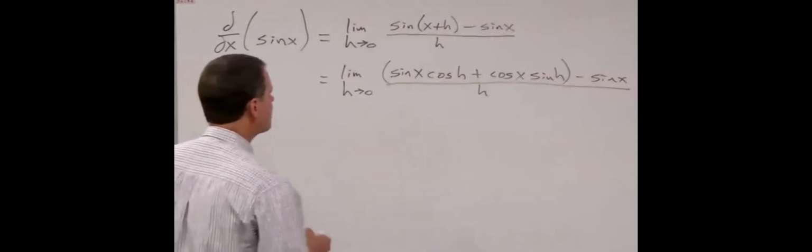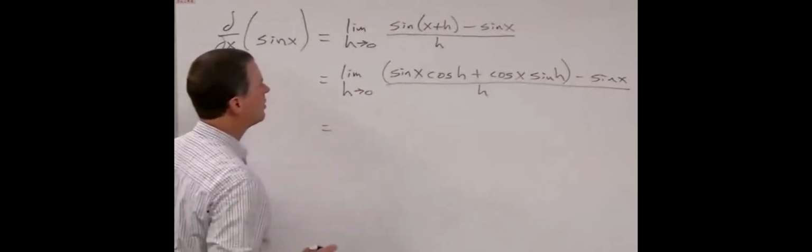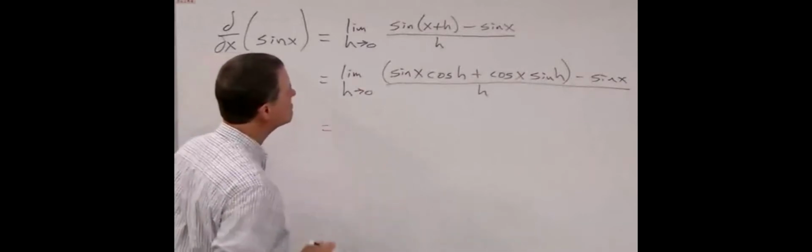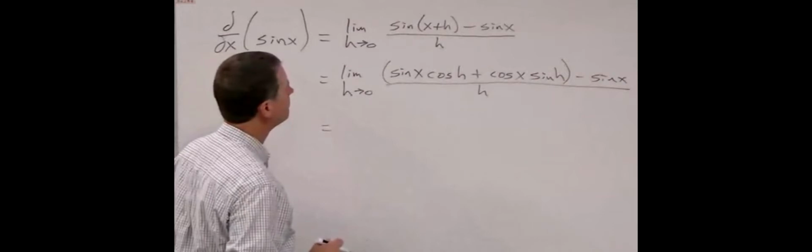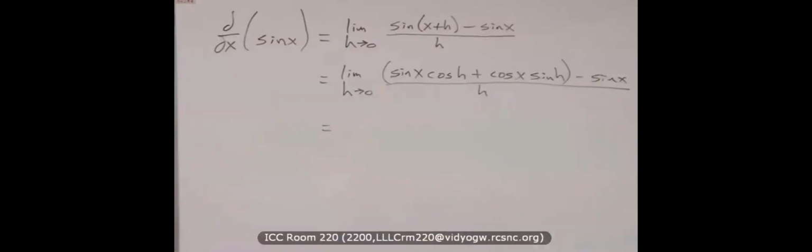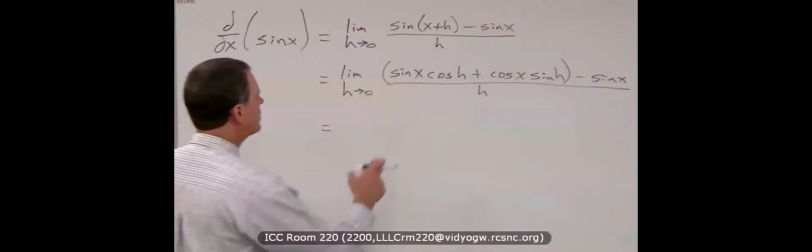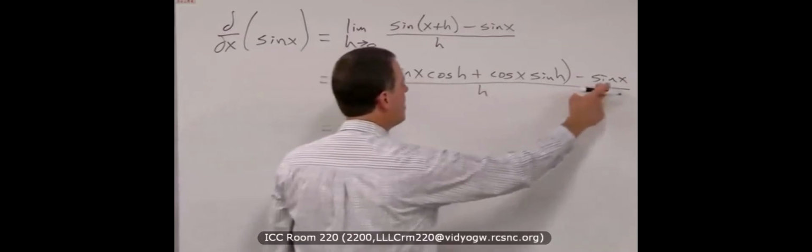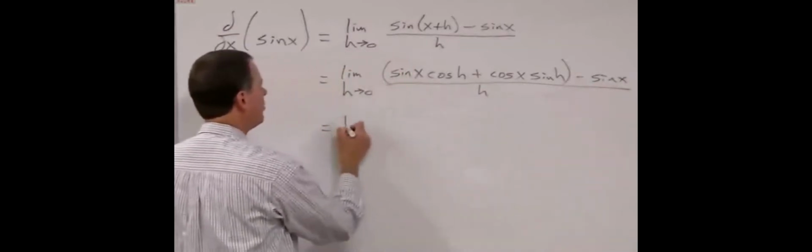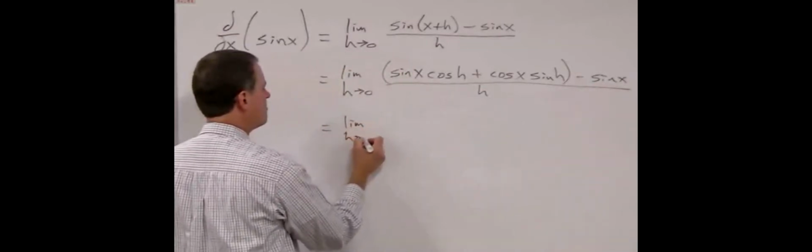Okay. Now, what can we do? Well, I see a sine of x here and here, so maybe I can figure out some way to rearrange it so I can factor it.